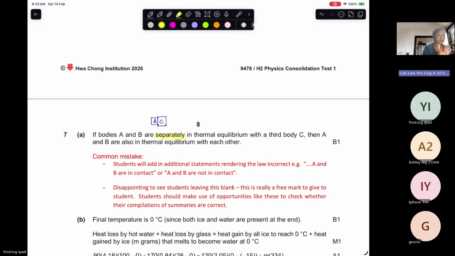This is not what the zeroth law says. That is another very specific condition. You can only talk about thermal equilibrium when all 3 are placed in thermal contact with each other.